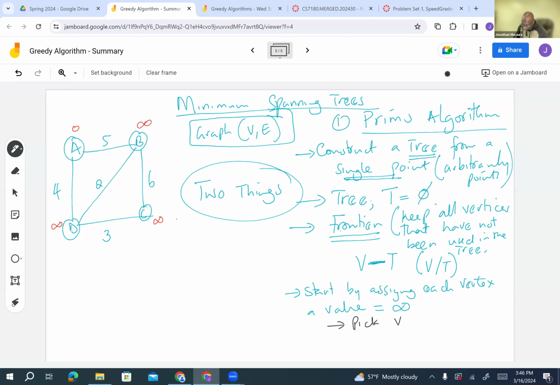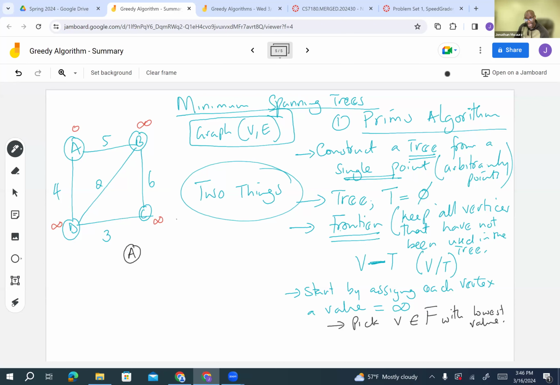The frontier, we can think of as F. Pick a V in F with the lowest value. In our case here, the lowest value is A. So we're going to pick A, the one with the lowest value.